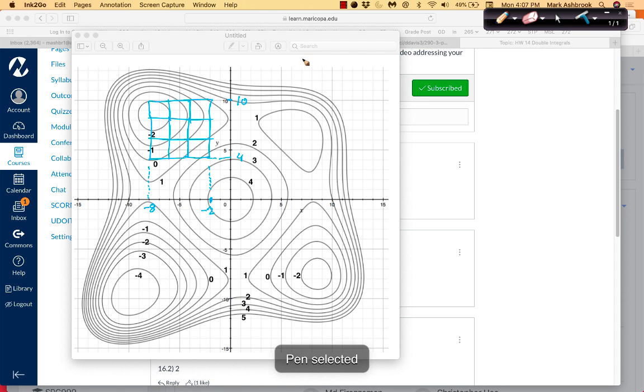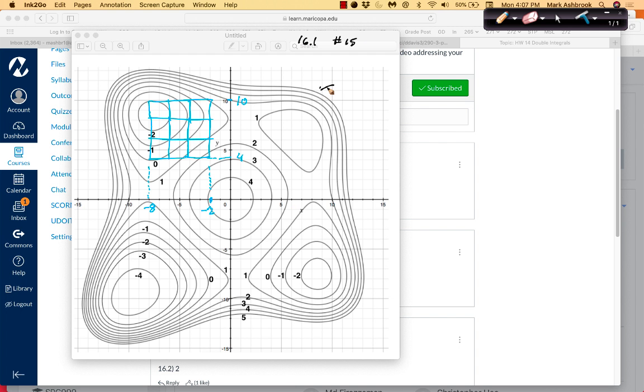This is for 16.1 number 15, and I have a similar example. We have this contour plot here, and the contour lines show function values, or z values, right?